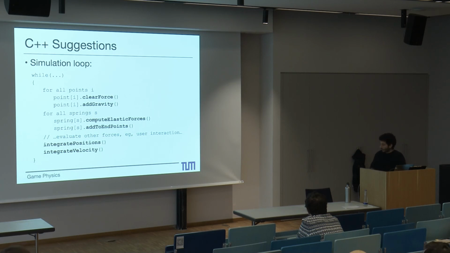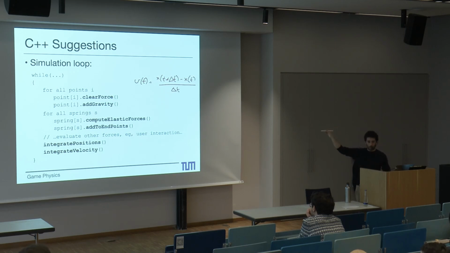It really depends on the approach that you are taking. For the Euler step, as described before, the velocity is given by x at t plus delta t minus x at t, over delta t. As you can see in this equation, we can invert it and find the position. This equation depends only on the velocity at time t, a quantity that you already know before integrating the velocity.